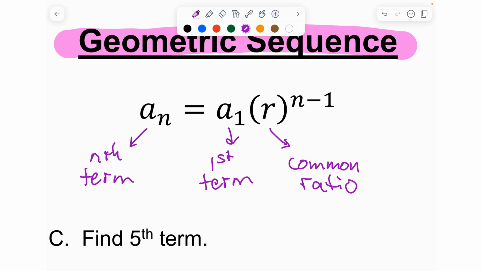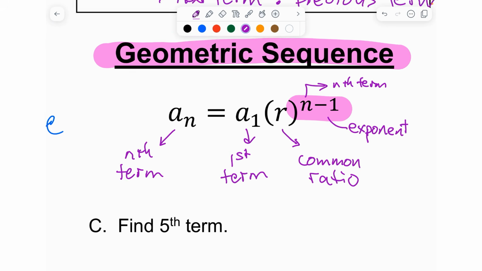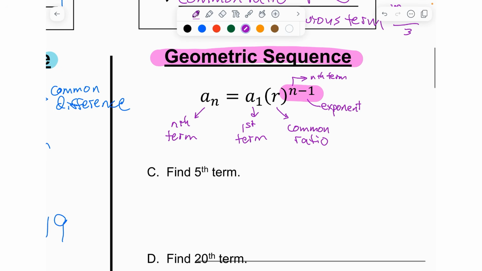Perhaps the most important part is the fact that, again, I have an exponent, and I just want to highlight that. Yes, the letter n is the nth term, but the entire exponent, n minus 1, is something that we're going to want to be aware of. We're going to have to very carefully do that, probably with our calculator. Okay, not to be too redundant, but we'll have to work with that exponent.